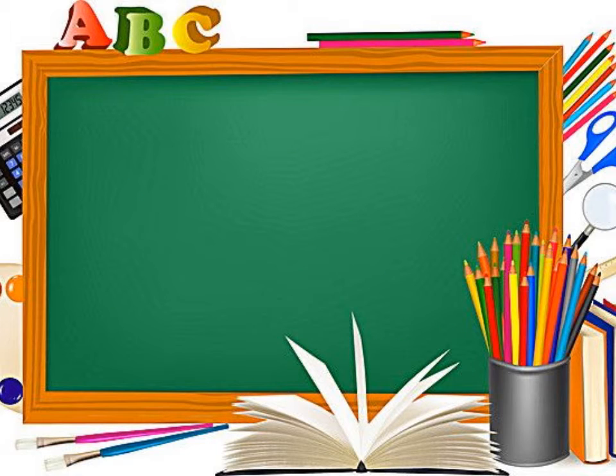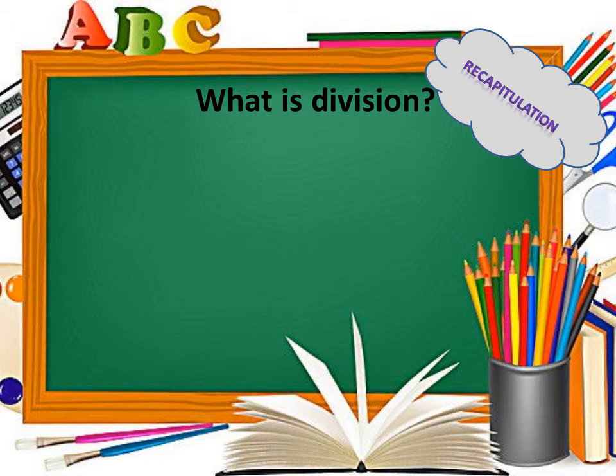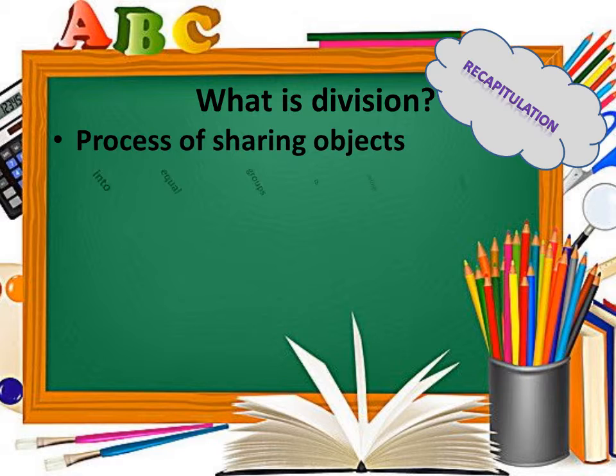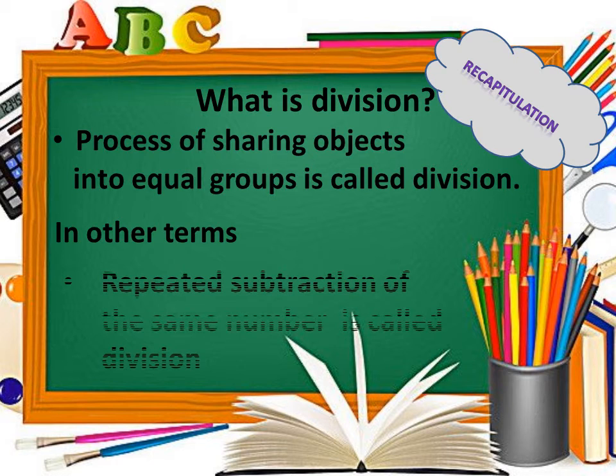What is division? The process of sharing objects into equal groups is called division. In other terms, we can say repeated subtraction of the same number is called division.